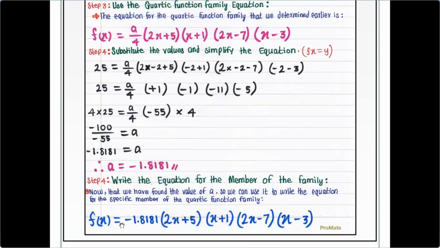So it will be fx equal minus 1.8181 within bracket 2x plus 5 within bracket x plus 1 within bracket 2x minus 7 within bracket x minus 3. So we have discussed question number 1, part B. Let's move on to the part C.